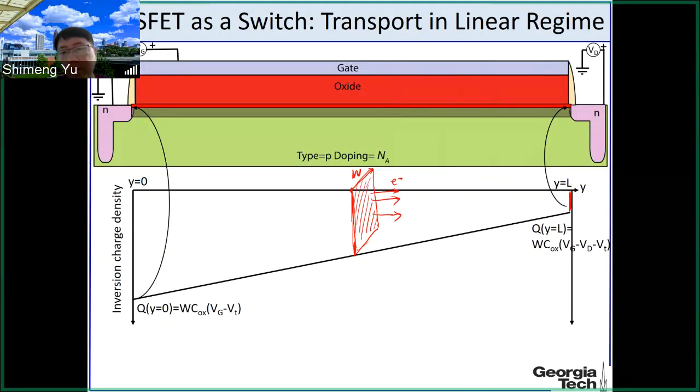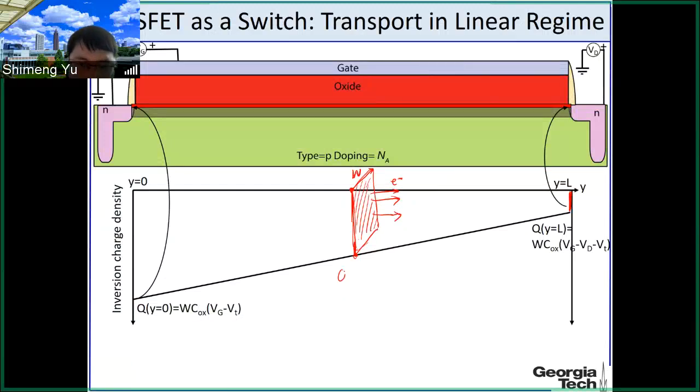These electrons move across this cross section. So the current is continuous, okay? No matter where you cut this, the current will be the same because current needs to be continuous. So let's do the middle because we want to take the average.